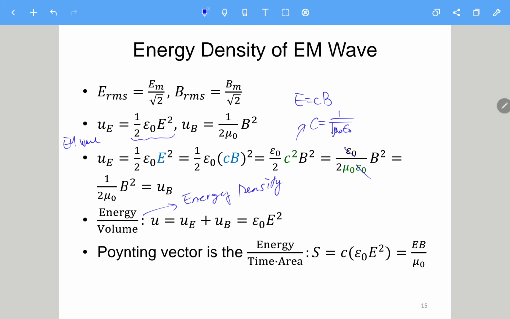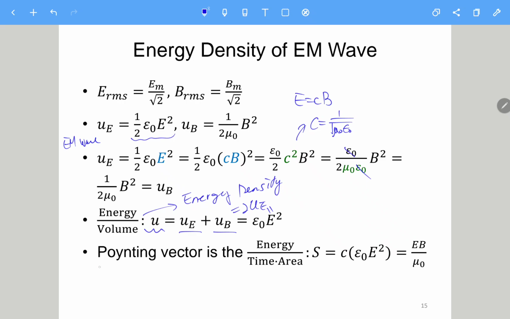So the total energy density in the EM wave will be UE plus UB, which is 2 times UE, because these two things in the EM wave are the same, so it is epsilon naught E squared.